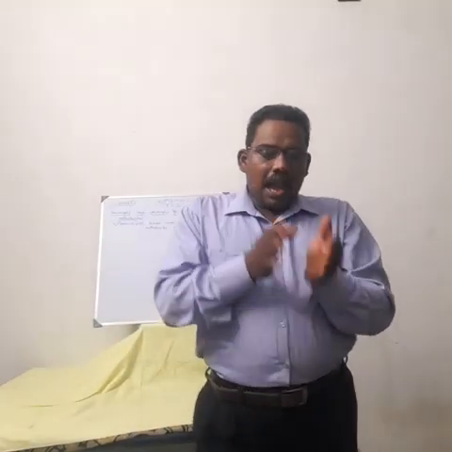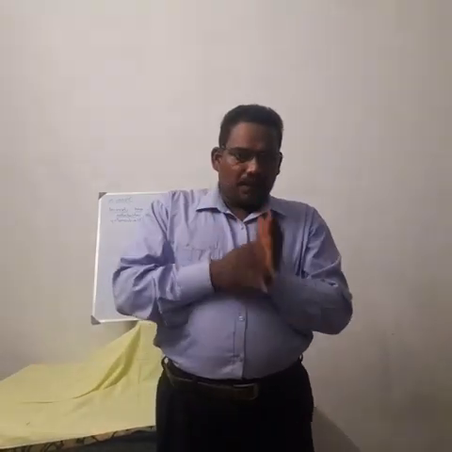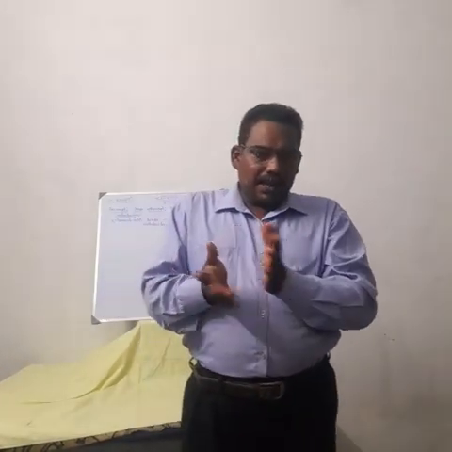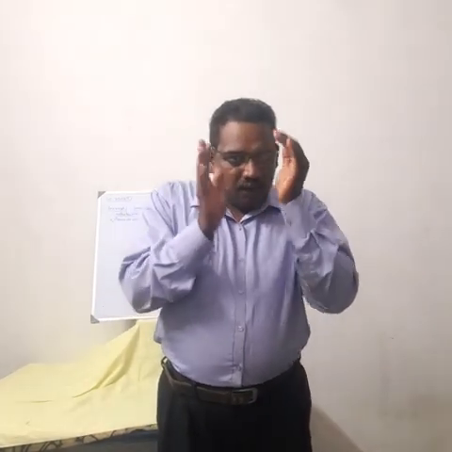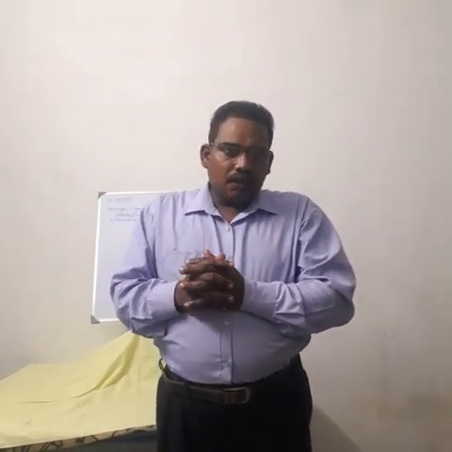Two, number of moles is converted into volume, or volume is converted into number of moles. First condition: mass to moles means divide by molar mass; moles to mass means multiply by molar mass. Also, moles to volume means multiply by 22.4 liters, and volume to moles means divide by 22.4 liters.